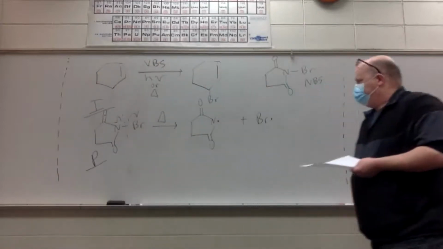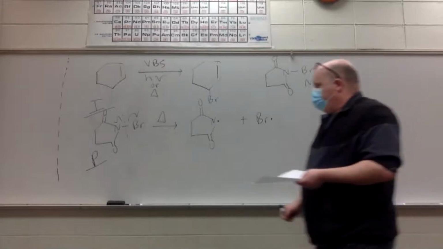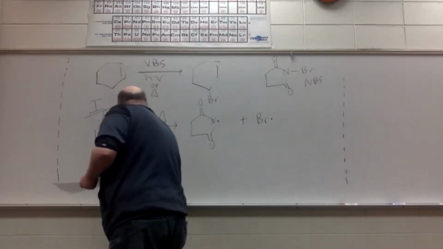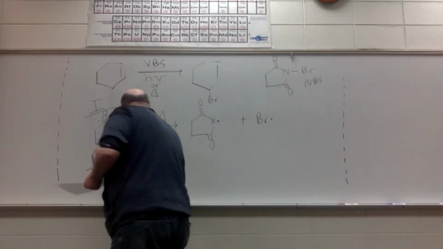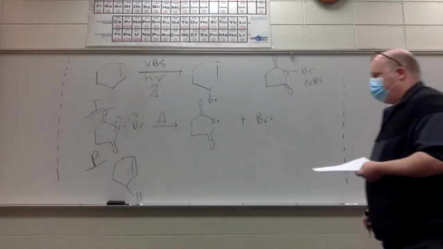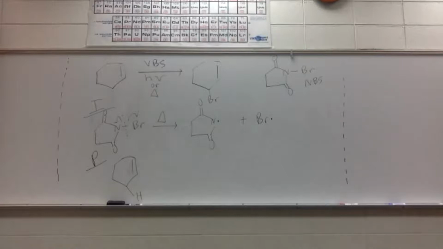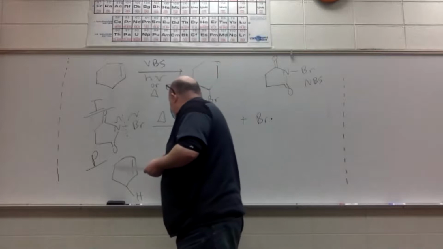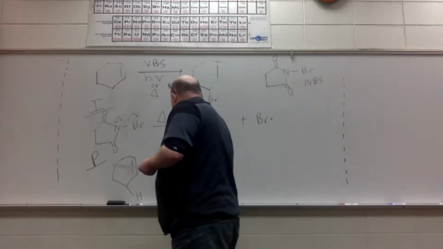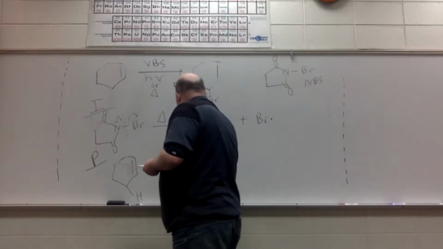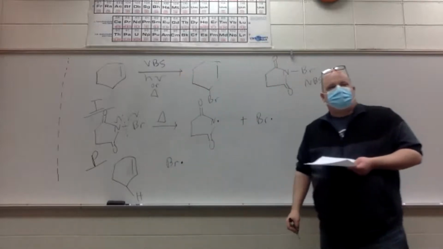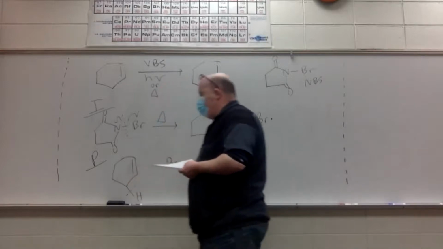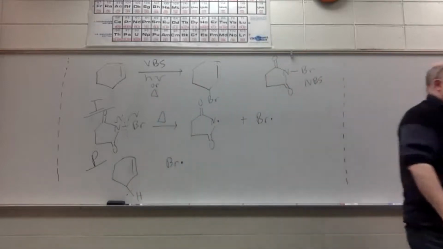Then we get into propagation. When we get into propagation, we're going to have our cyclohexene, and I'm going to draw that H out there so you can see what happens mechanistically. You're going to have your Br radical, and that Br radical is going to pluck off an H radical from your allylic carbon.